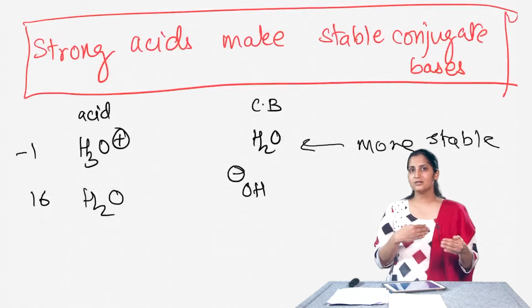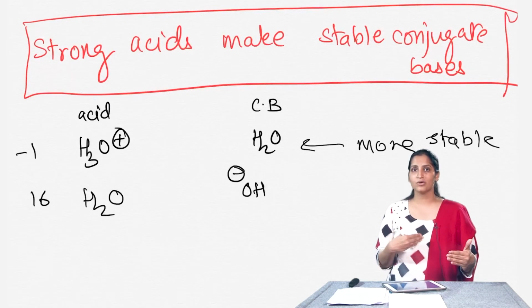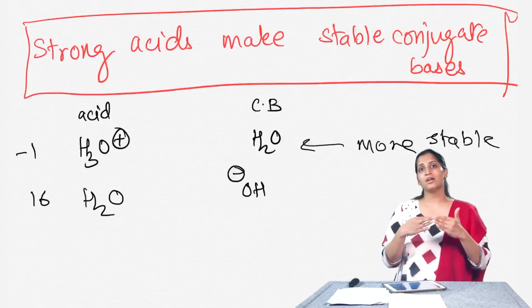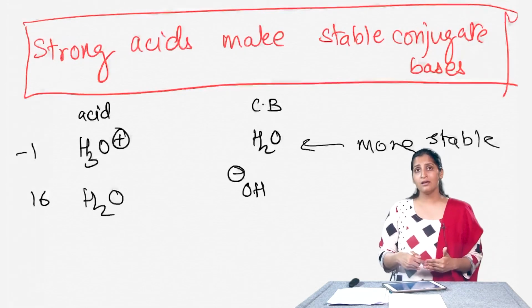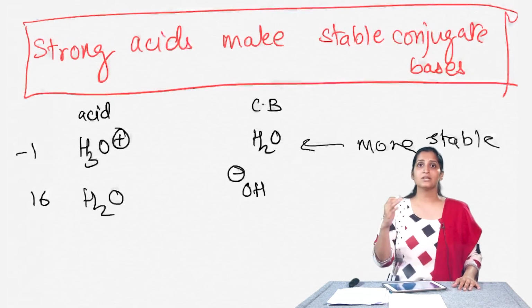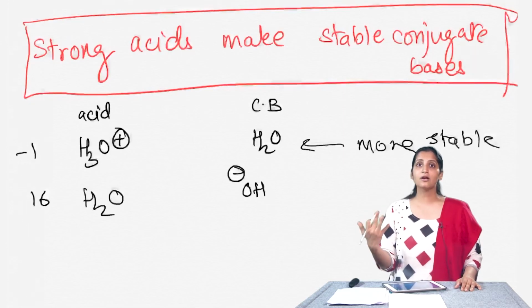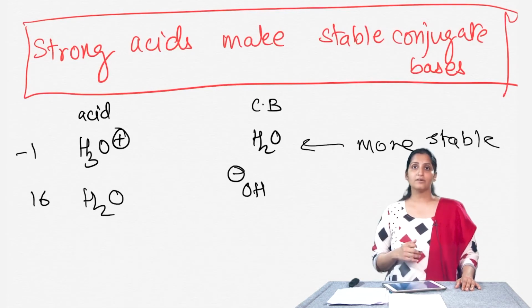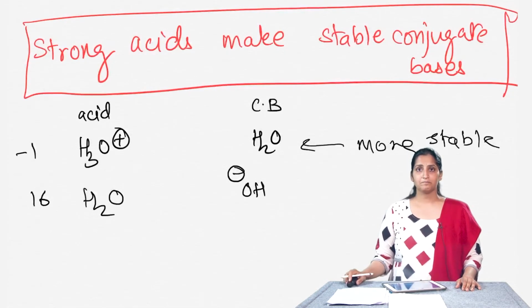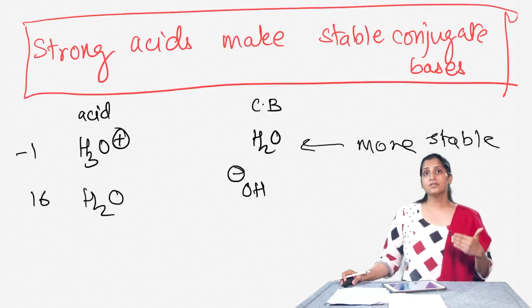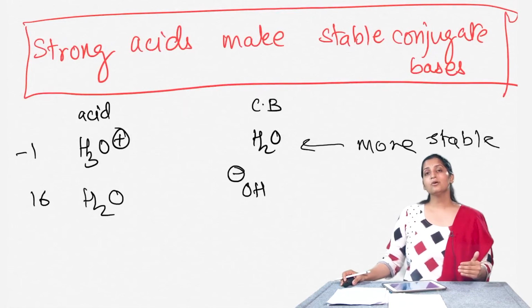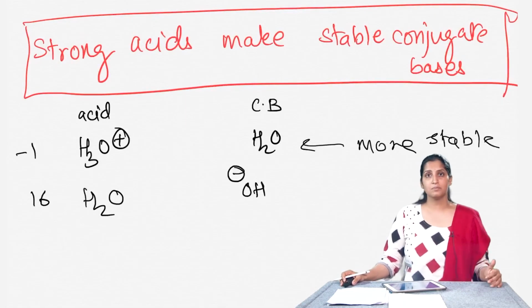So, it is not just a difference of 17 between -1 and 16. This is pKa, so we have to look at the Ka. It is 10 raised to 17 times stronger an acid compared to water. Thus, if we wish to understand acidity, we need to understand the stability of the conjugate base.